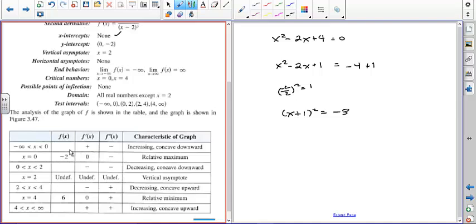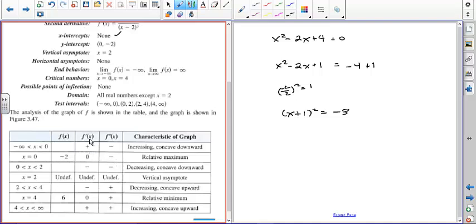And then you can plug numbers into these intervals. Pick a value of x, evaluate the sign of the first and second derivatives, and you can fill out the table as such, and then you can make comments. It's increasing, concave down, decreasing. Because this is concave down, it's going to be a maximum.